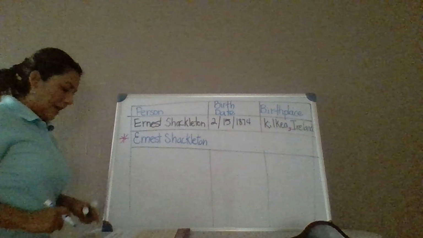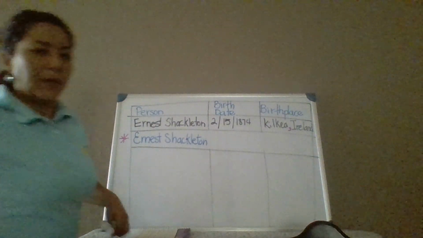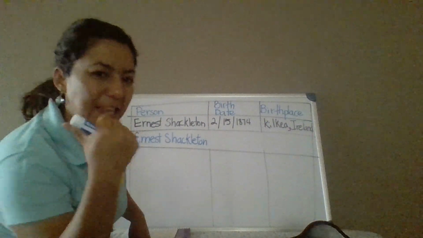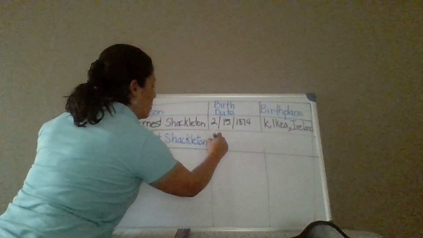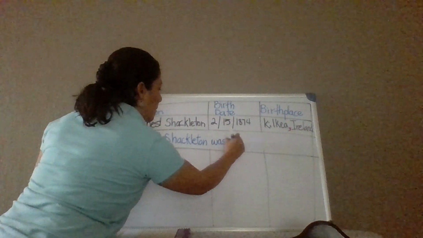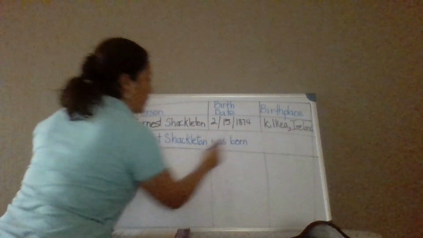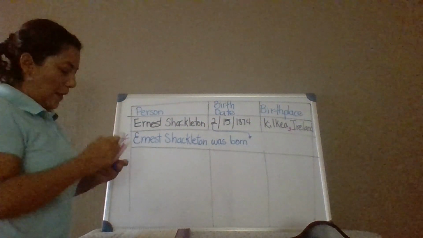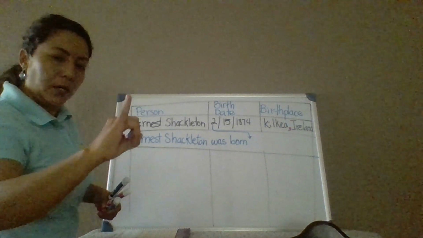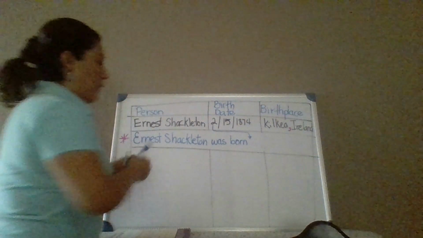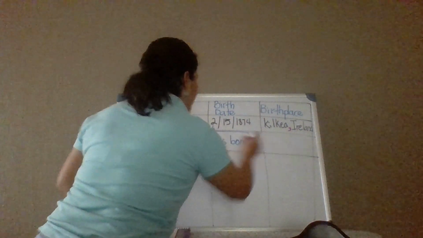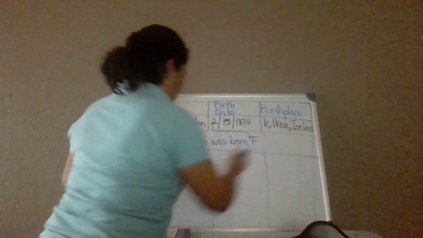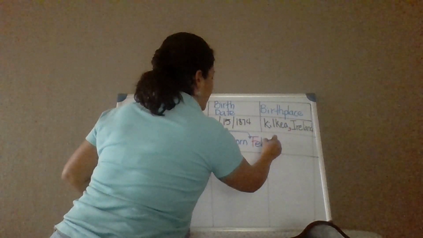Then look what the book says. Was born, because that's in the past. Was born when? What is this number 2? What does it stand for? The second month. January, February. February starts with a capital. February.